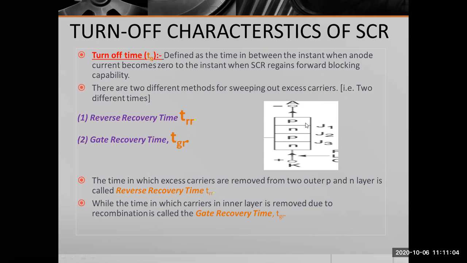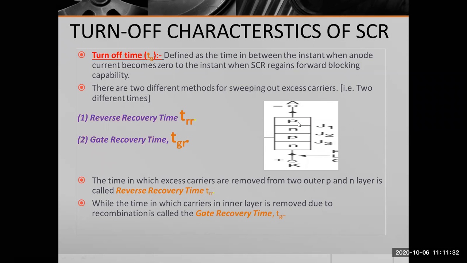What is the purpose of the reverse voltage? Reverse voltage is applied across the outer P layer and outer N layer. That means the excess charge carriers are removed very fast due to this reverse voltage. That is the major purpose of reverse voltage.